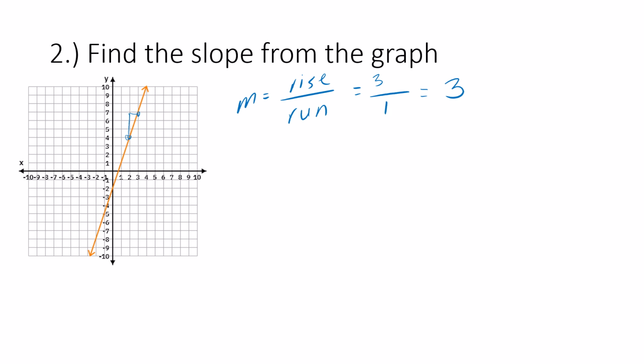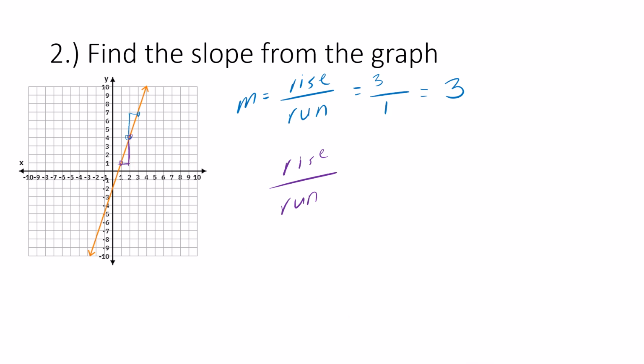Now, you might be saying to yourself, well, what if I made my triangle the other way? So what if you picked these 2 points and you did this? Okay, and so your triangle is kind of on the other side of the line there. I don't really recommend that, but let's just say you did. In that case, if you were to start here, you'd be going down 3 and then left 1.